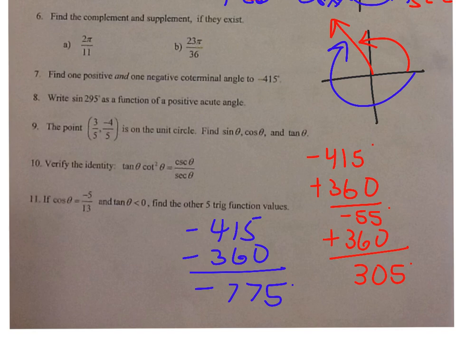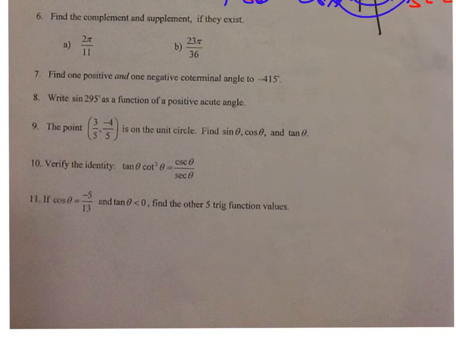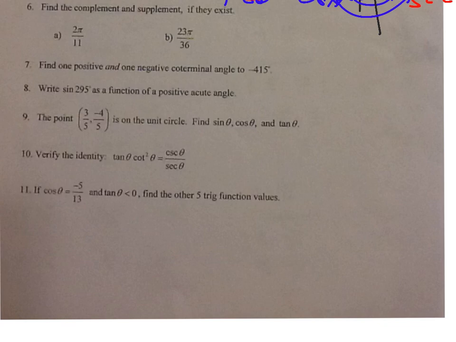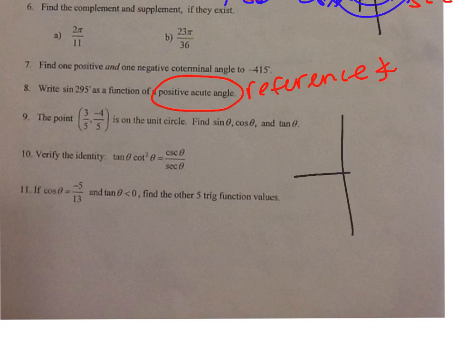Okay, so let's take a look at number 8. Number 8 says to write sine 295 degrees as a function of a positive acute angle. When it says positive acute, you have to think reference angle. Okay, so let's draw a picture. 295 degrees terminates in quadrant 4.